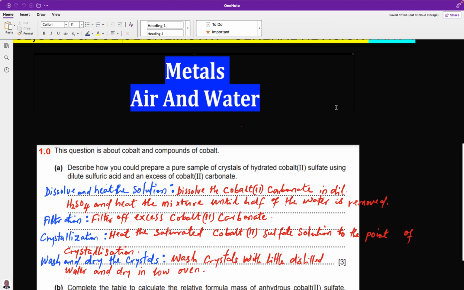Remember that you have been given dilute acids. Remember that you have been given cobalt-2 carbonate.